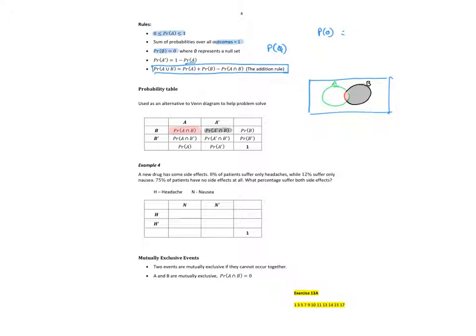What about things that are in A but not in B? So the things that are in A, all this area here, but not in B. Okay? And then finally, everything that's not in A and not in B is everything out here, isn't it?